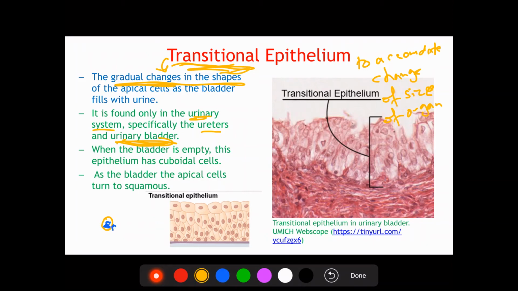However, with transitional epithelia, they can change their shape, and that helps the organ expand, and therefore keep urine inside, and at the same time protect the organ. So these cells switch between cuboidal and squamous: cuboidal when the bladder is empty, toward squamous, more flat cells, when the urinary bladder is filled. So this is transitional epithelium.